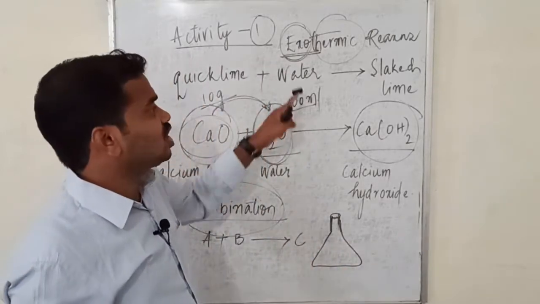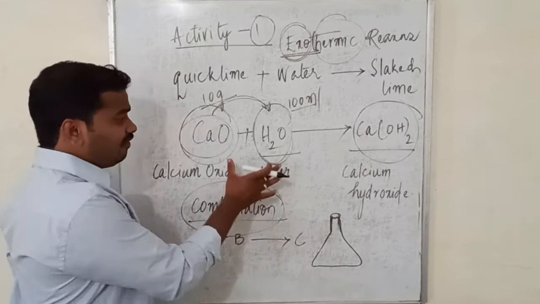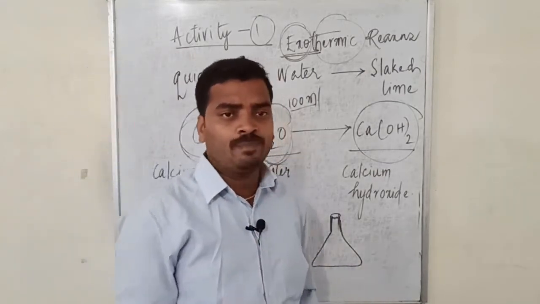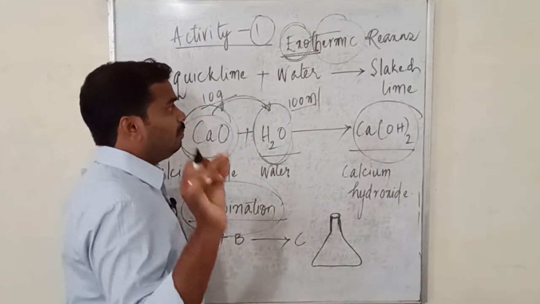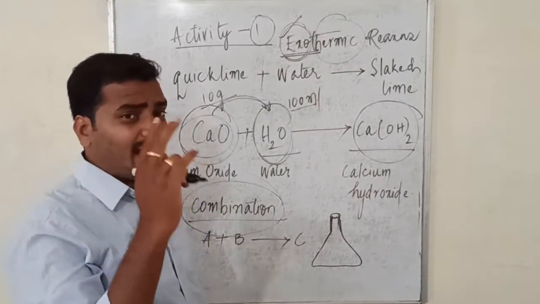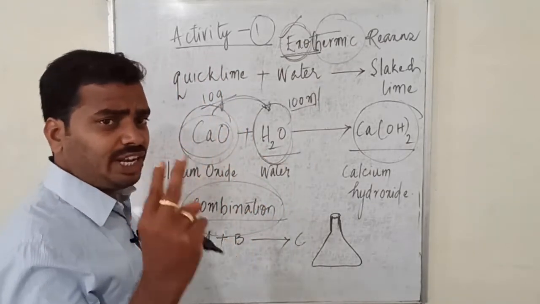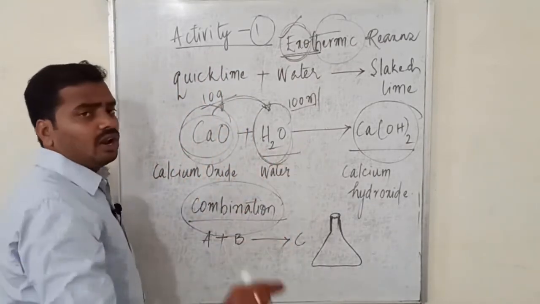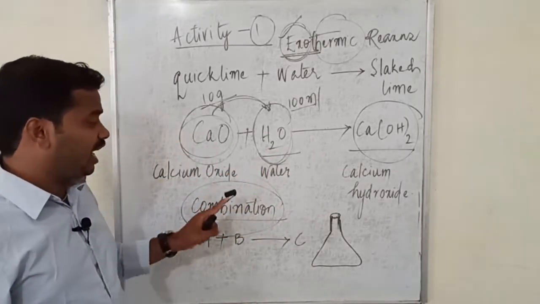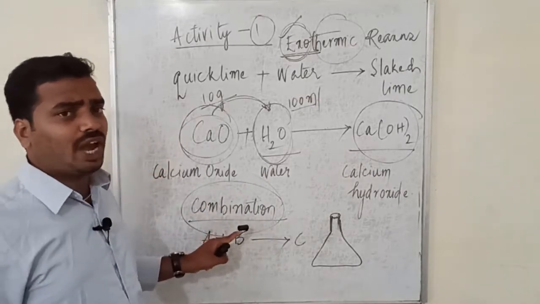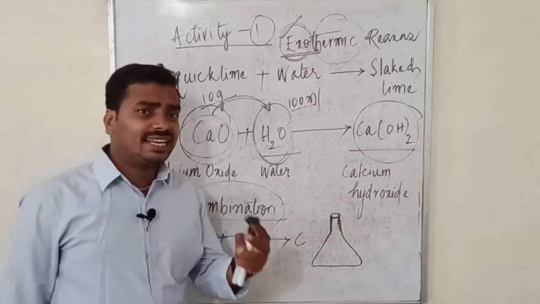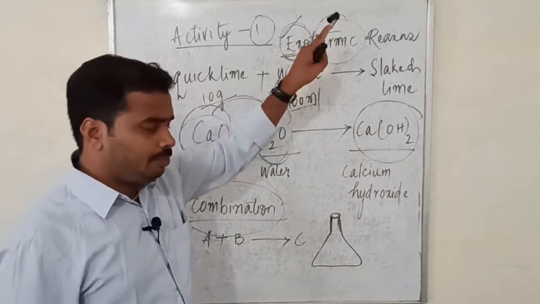Here if you observe, this reaction has liberated some energy. So I have told you two important interpretations from this reaction. It indicates one of the types of reactions we discussed in the previous session, that is combination reaction, and second, it's an exothermic reaction.